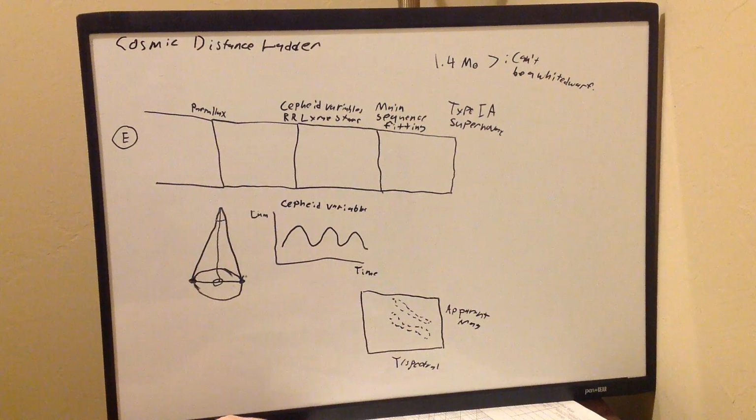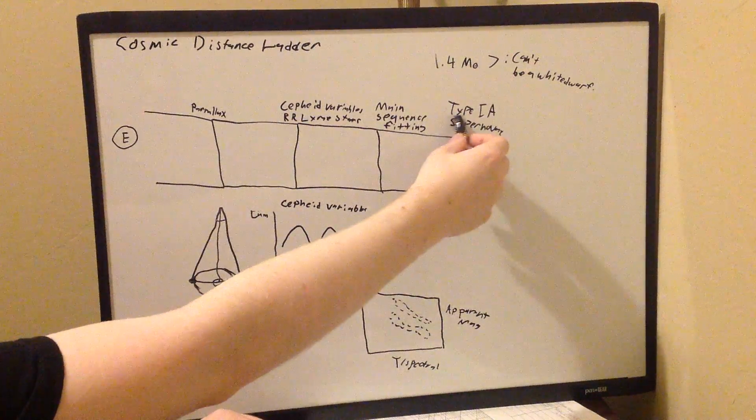We know exactly what mass a white dwarf stealing material from its binary partner goes supernova at. And that means that the brightness of those supernovae are always exactly the same, because they happen at the exact same point in the white dwarf's development.